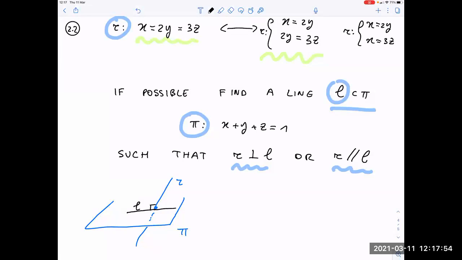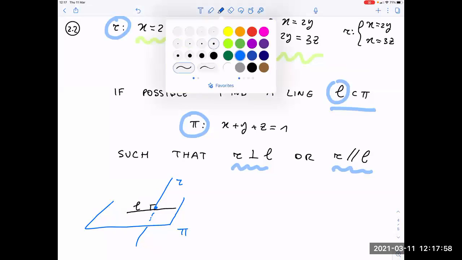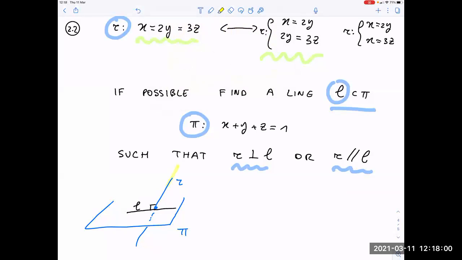So what is the direction vector of line R? So let's say I want to describe the direction vector of line R to see if line R is actually intersecting, okay? So what is the direction vector of line R? So how do you find this?